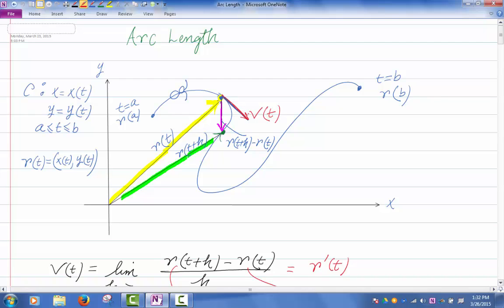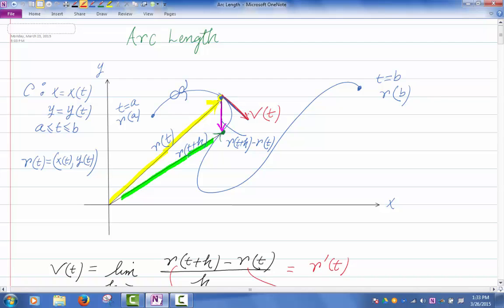And what is r of b? r of b would be the final position of the bug, and r of b would be x of b, y of b. So at t equals a, you are at r of a. At t equals b, the bug is at r of b. Now, for any given t, r of t would be some point on the curve. Okay?